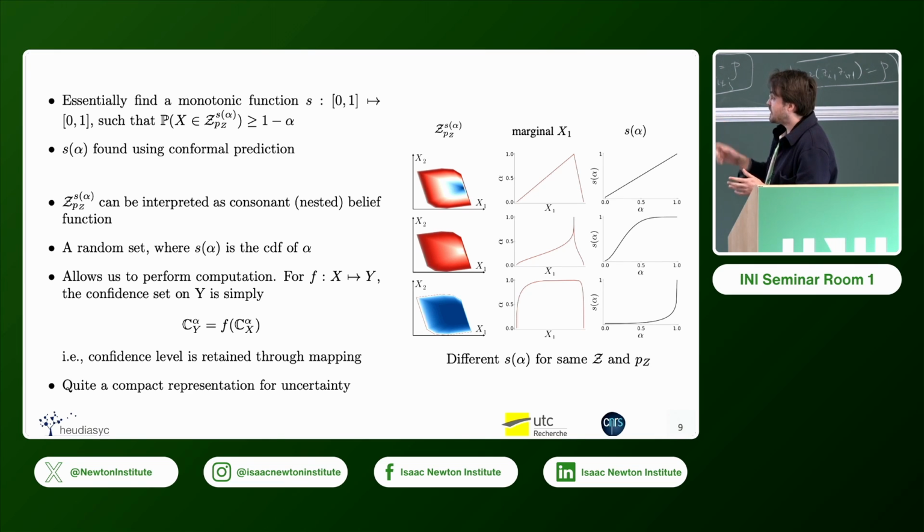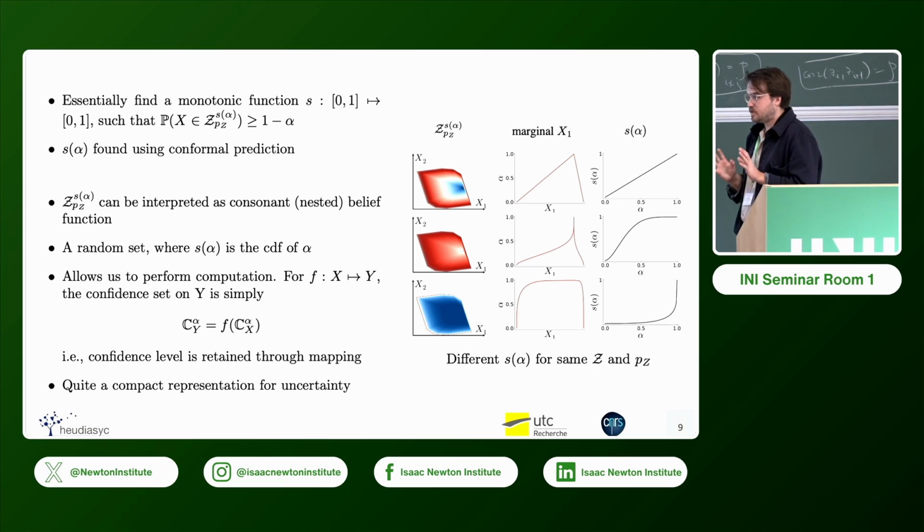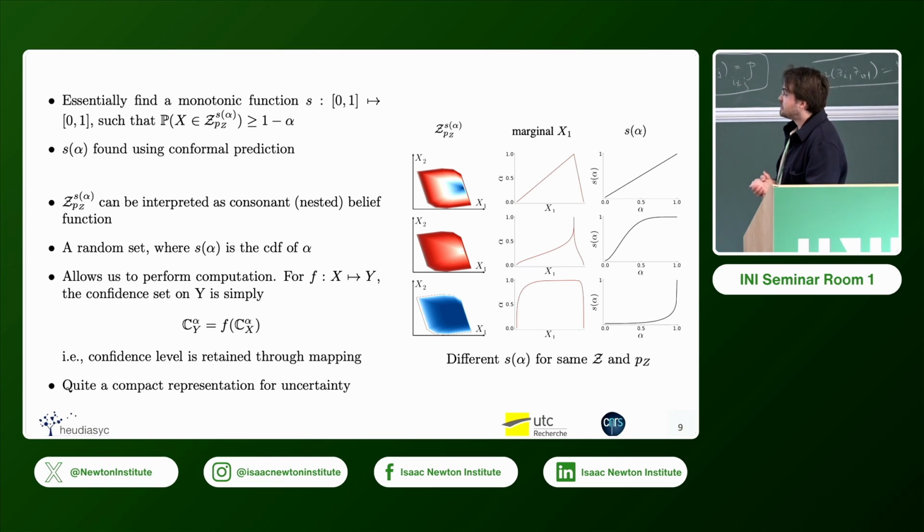If you have a function f and you would like to propagate these sets through f, it's just a simple transformation of the set where alpha remains the same. We use this property for propagating back through the SVD: you can take one of these sets, push it back through the SVD, and alpha remains the same.